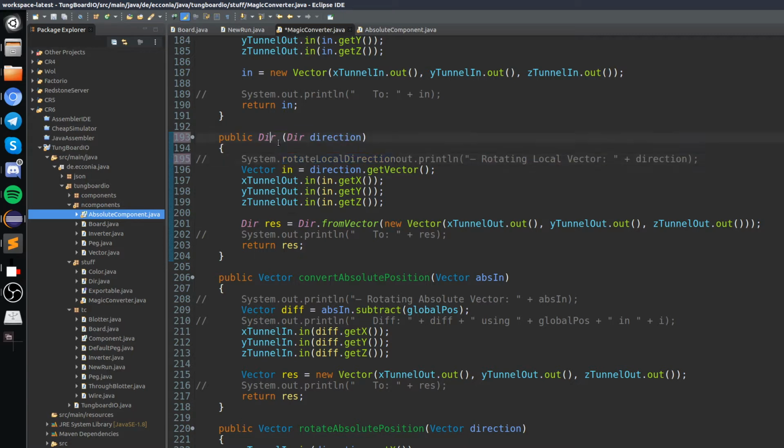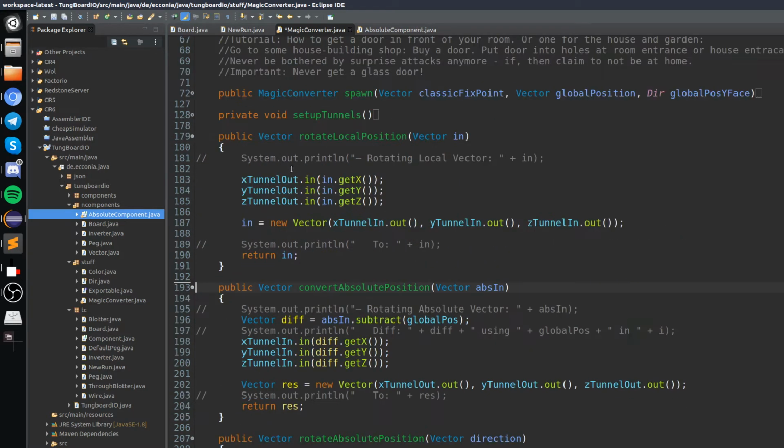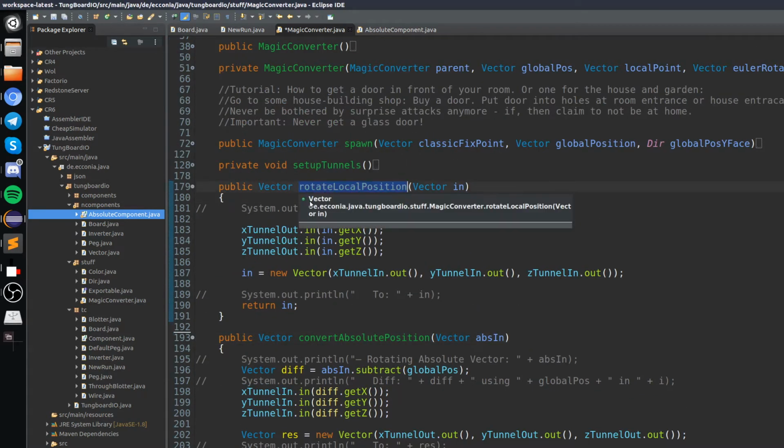So that explains why I did not notice that one yet. Here it is. This is rotate local position. You put in the output and you get it out of the input. That's how it should work. If you put something in the output and you take it out of the output or with the input, there is no conversion at all, and that is bad. I did that a bunch of times. Dude, you don't want to know how many bugs I had in this. It's horrible.